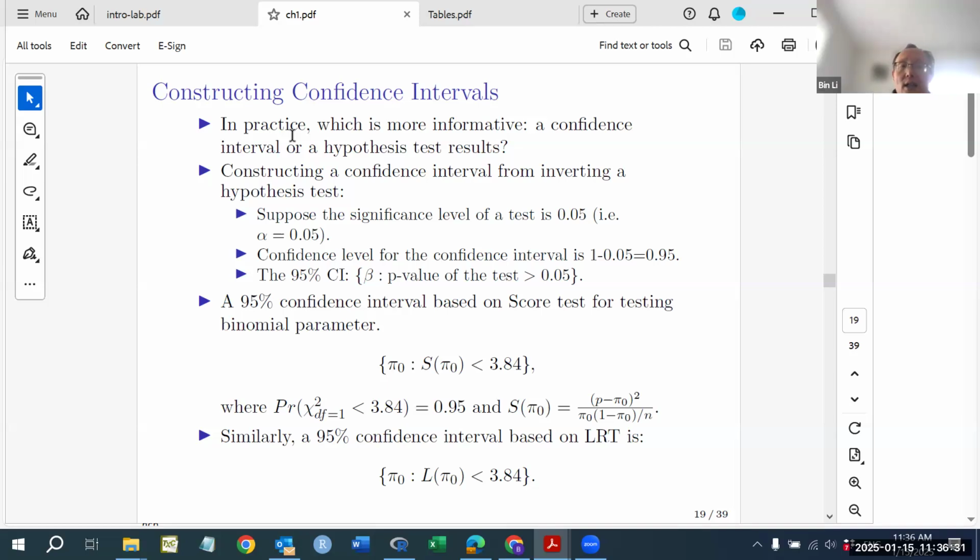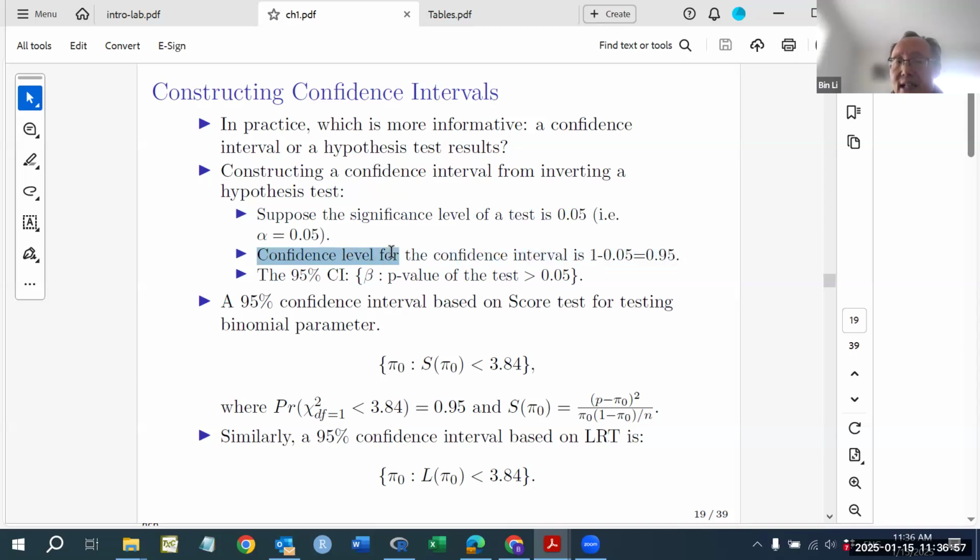Okay, so what is a confidence interval? A confidence interval is actually inverting a hypothesis test. Suppose the significance level of a test is 0.05. Then the confidence level for the confidence interval is 0.95.